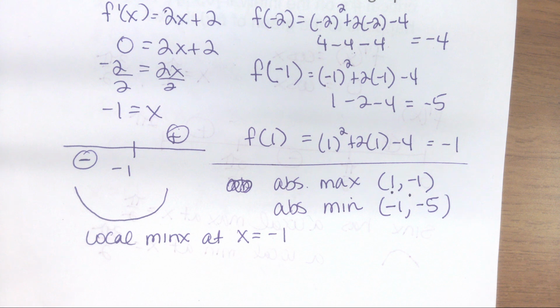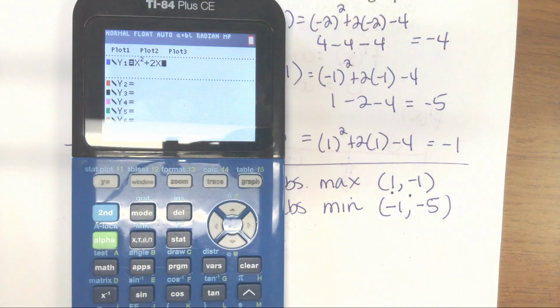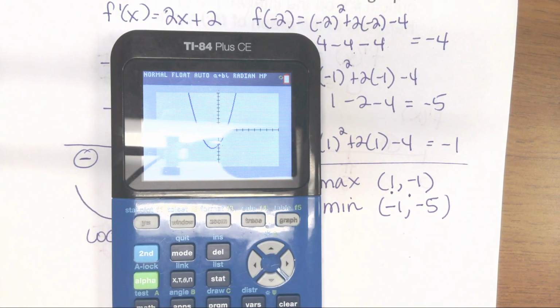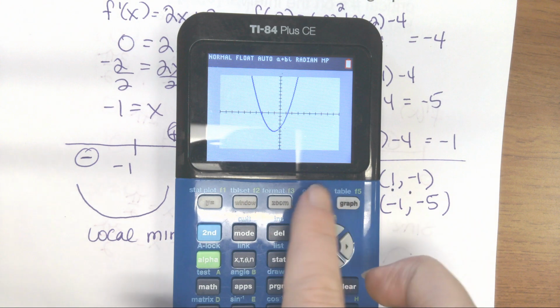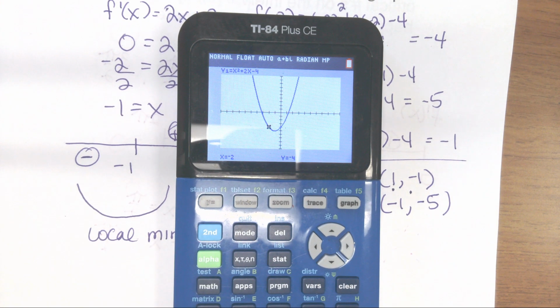Let's see how we did. Okay, so if I was tracing and I was starting at negative 2, this function starts down here.